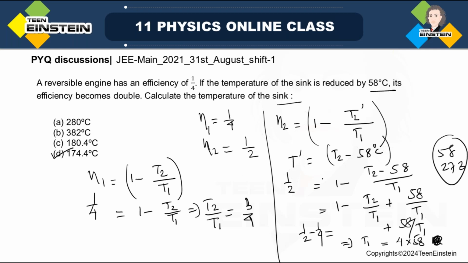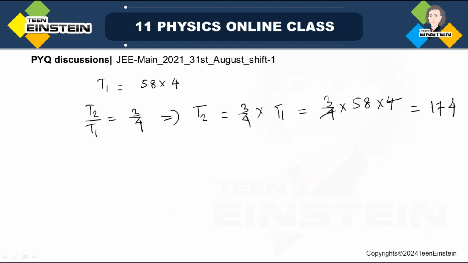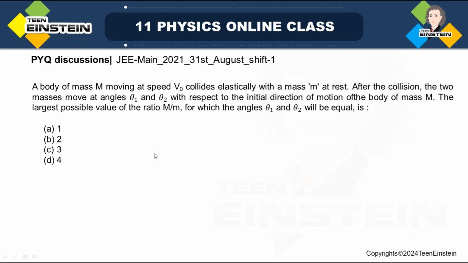All right, so this is actually the answer. Okay, I hope you guys have understood this, right? This is a very simple problem. Now let us try to solve the next problem.